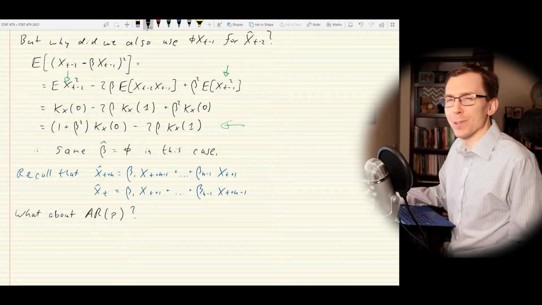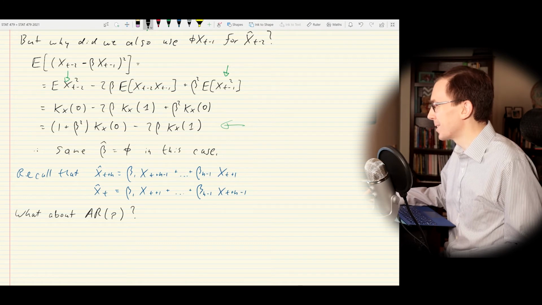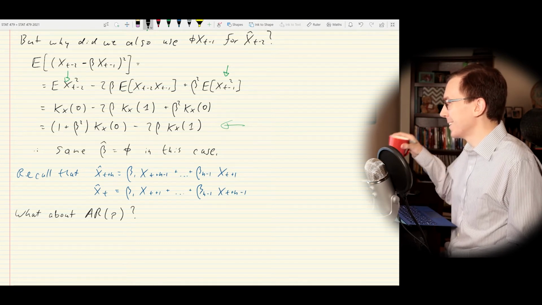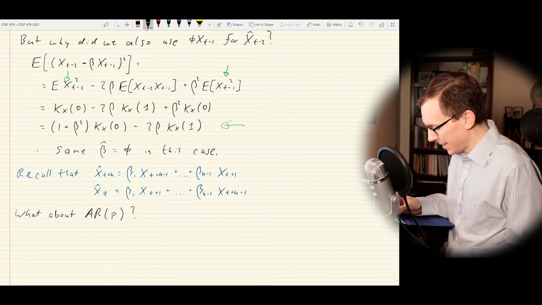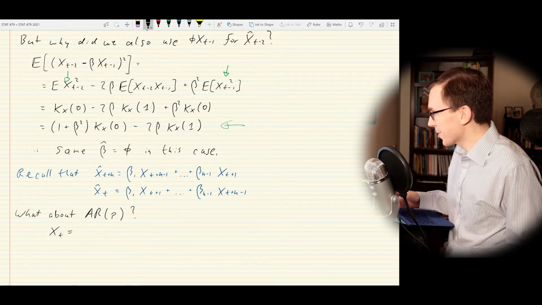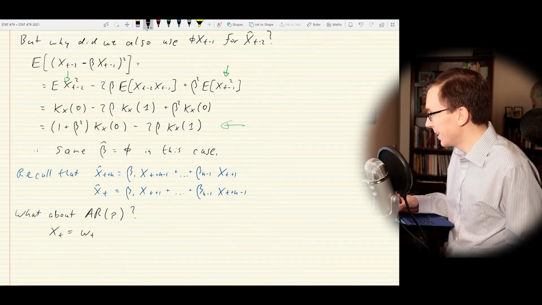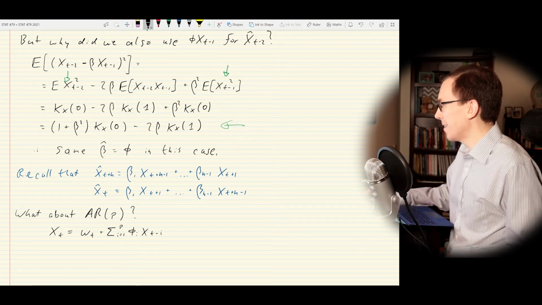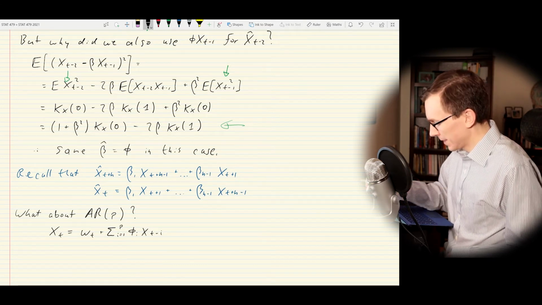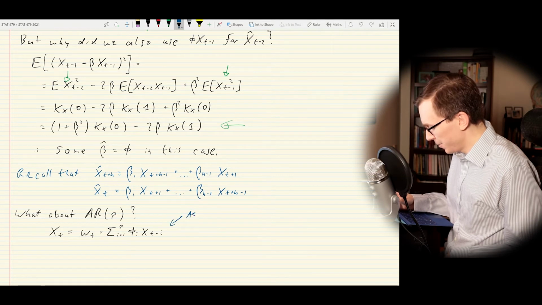and probably most of you don't either, especially since you're watching this on YouTube. But anyway, what we have here is x_t is going to be white noise w_t plus the sum from i equals 1 to p of phi_i x_{t-i}, where we assume causal.